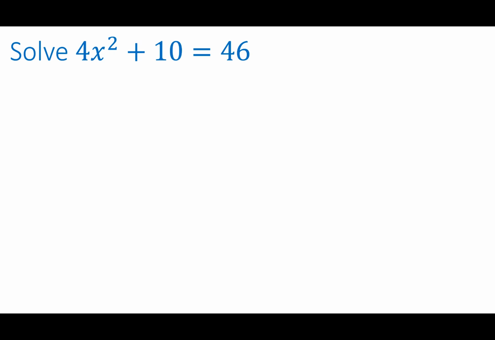So let's jump right into one. If I wanted to solve 4x squared plus 10 equals 46. Okay, so this one, I want to get it in that form, ax squared equaling some value for c.